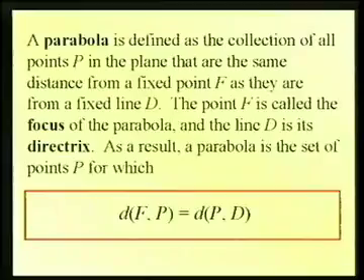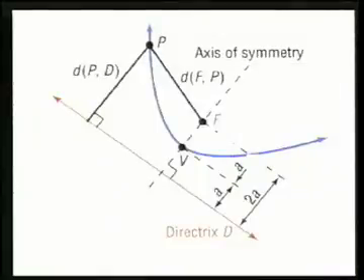As a result, a parabola is the set of all points for which the distance from the focus to any point on the graph of the parabola is equal to the distance from any point on the graph of the parabola to the directrix. To help you visualize the idea of a parabola, we have here a graph. So the point F is labeled as the focus.